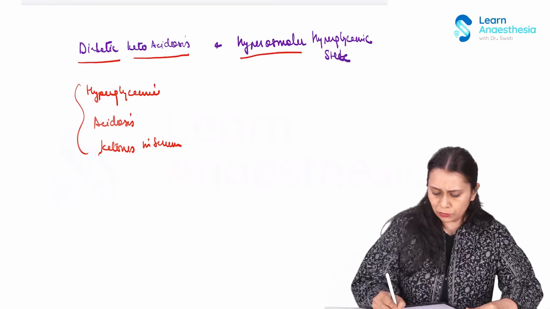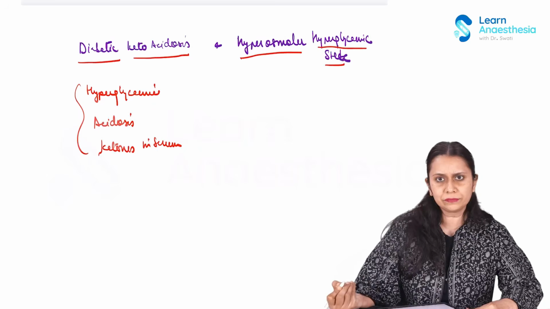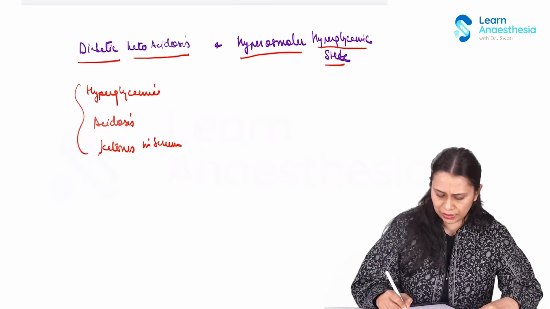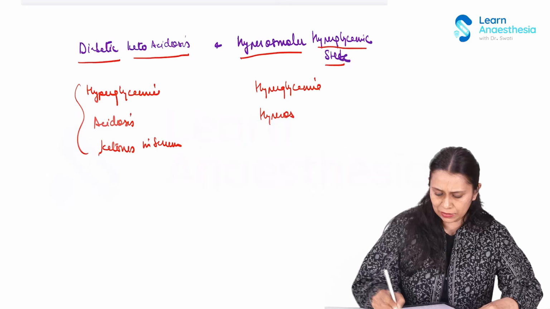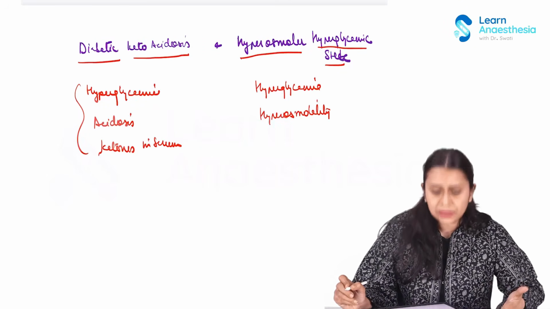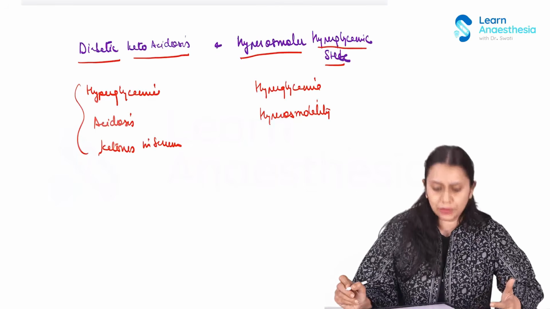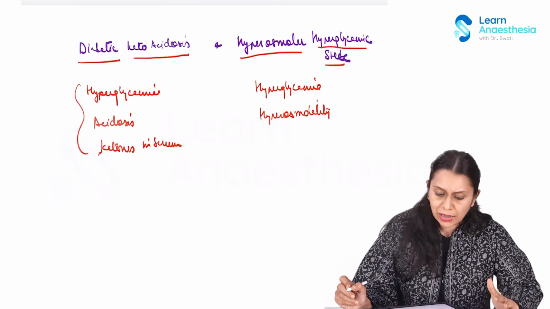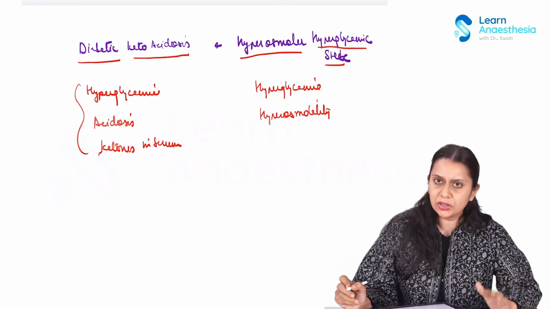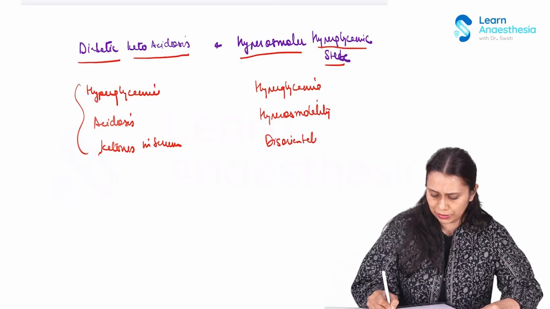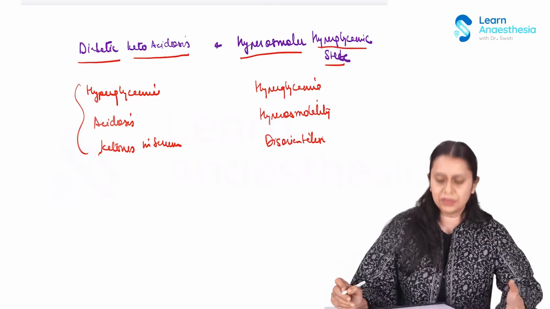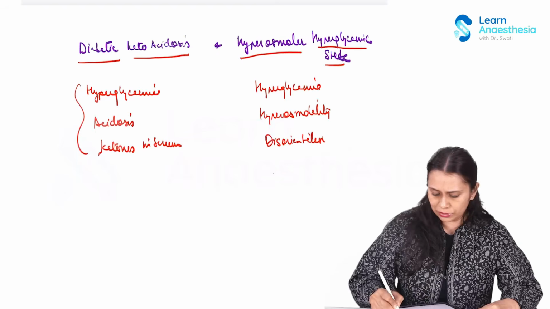What about hyperosmolar hyperglycemic state? Now, as the name suggests, again this is characterized by hyperglycemia, hyperosmolality, and because of hyperosmolality, the patient is disoriented. So, the patient will have no acidosis, but the patient will be disoriented. So, disorientation will be characteristically seen in hyperosmolar hyperglycemic state, but there will be no acidosis.